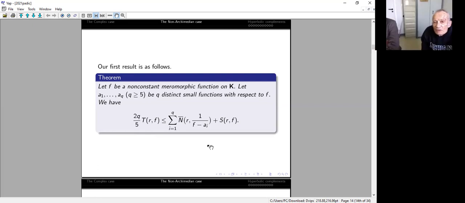Well, there is no minus log r in the capital S of small r and f. So probably it should work if you consider meromorphic functions in a disk where at least the numerator or the denominator is not bounded. So what I call unbounded meromorphic functions.